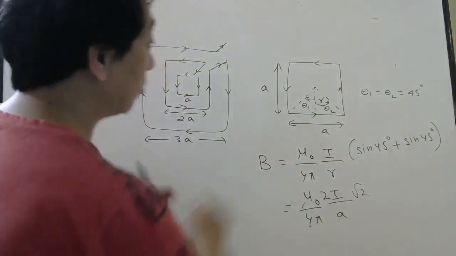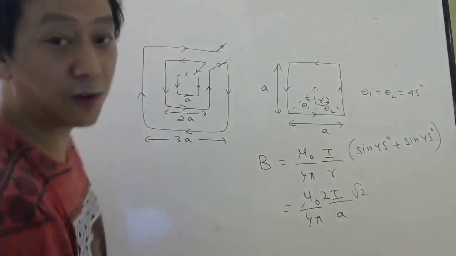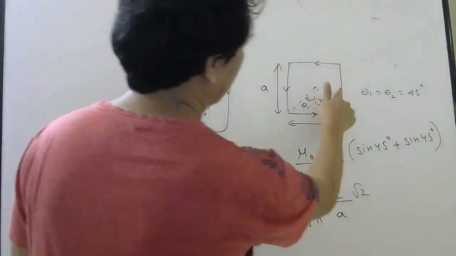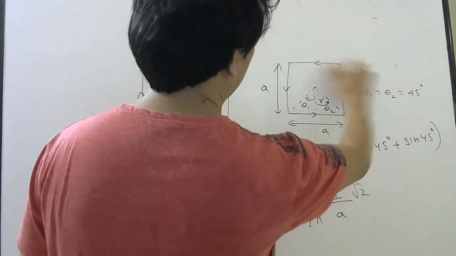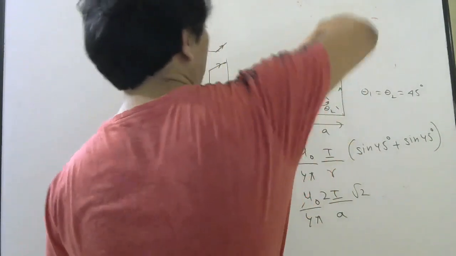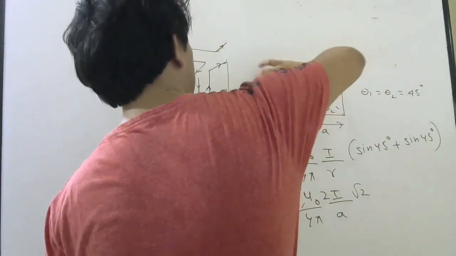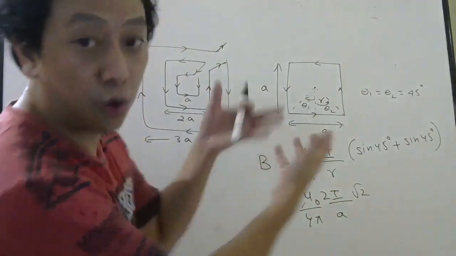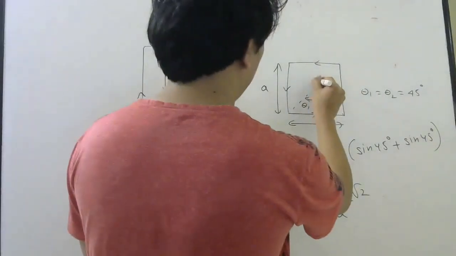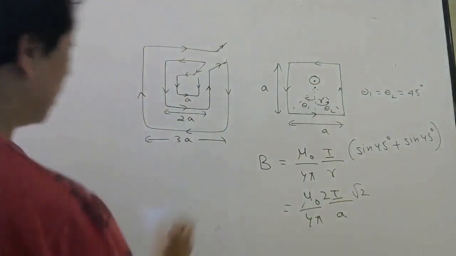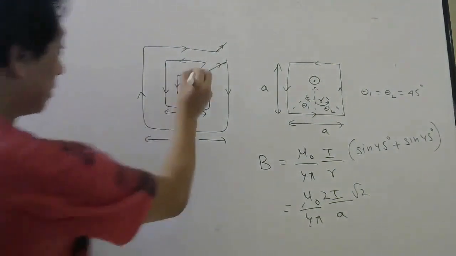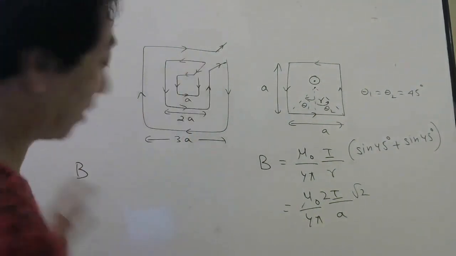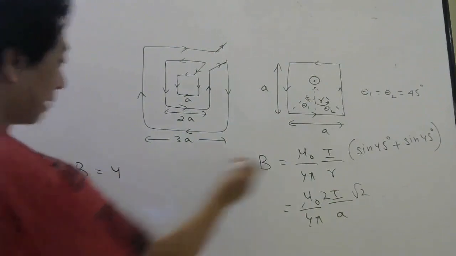Now there are 4 wires. And direction will be where? Due to this here it will be out. Due to this here it will be out. Due to this one it will be in here but out here. So all of them are out. So magnetic field is out. So the magnetic field due to the first square will be 4 times this.